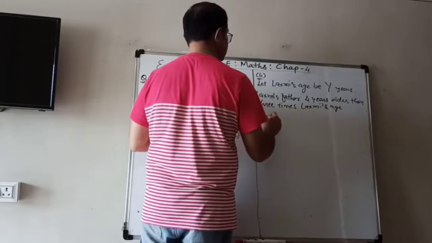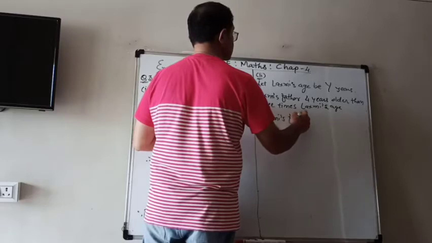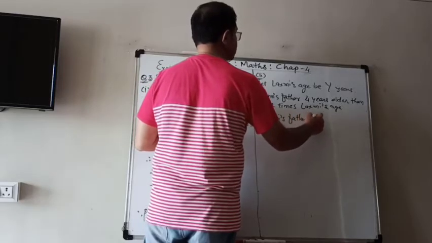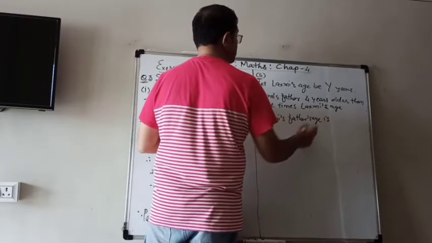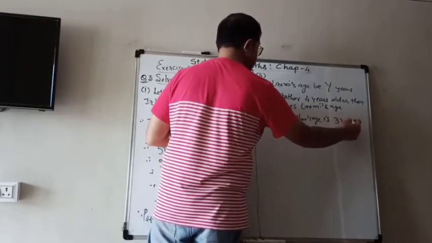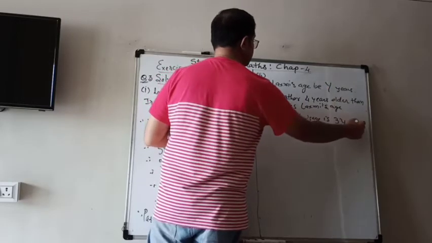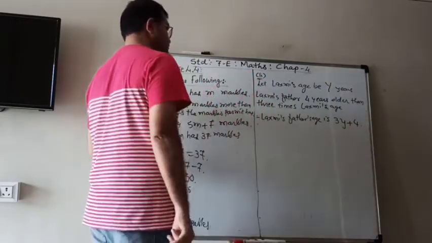Therefore, Lakshmi's father's age is, so now 3 times Lakshmi's age is 3y, and how much older? 4. So 3y plus 4.